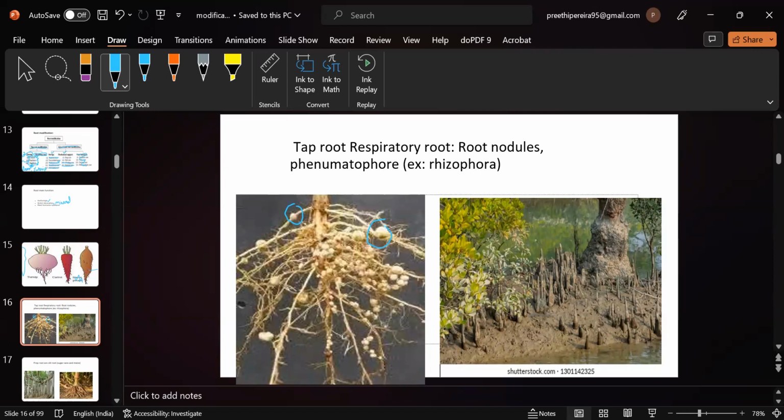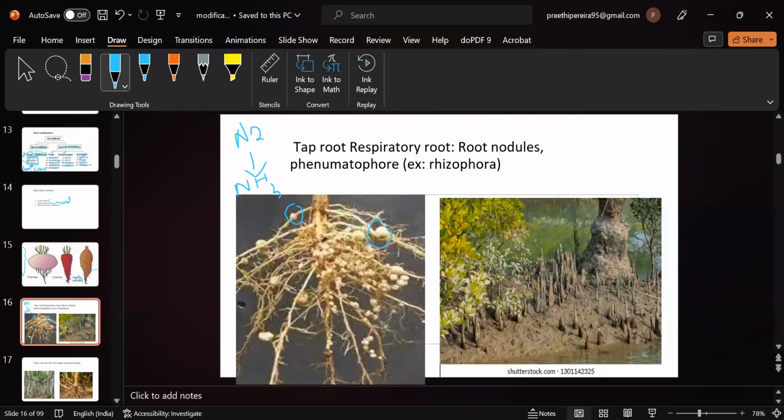So this bacteria is inside these roots, and they produce ammonia for the plant. What do they do? These bacteria will convert atmosphere का nitrogen into ammonia. They will reduce the atmospheric nitrogen into ammonia. Okay?